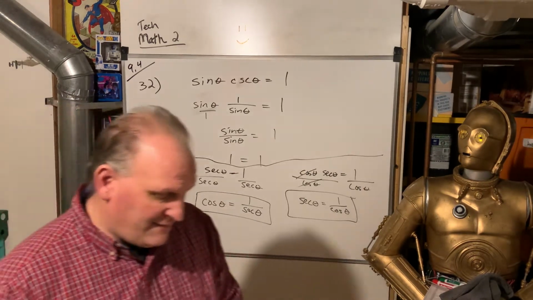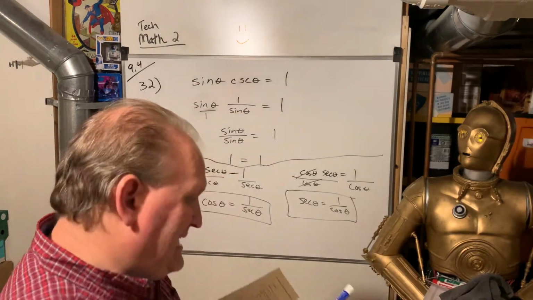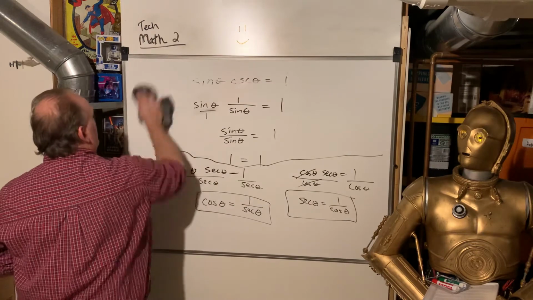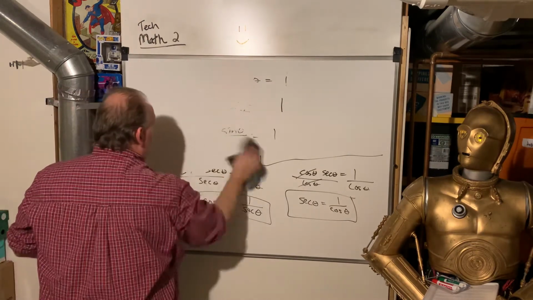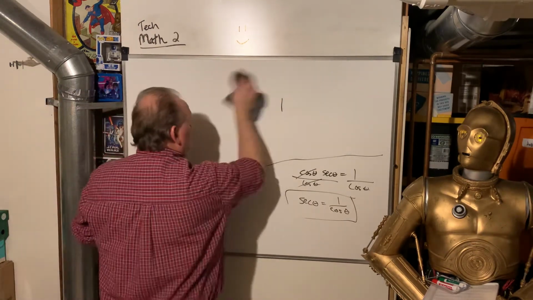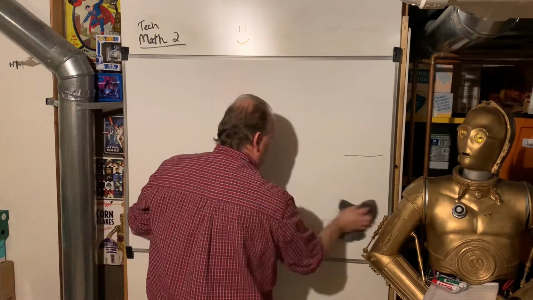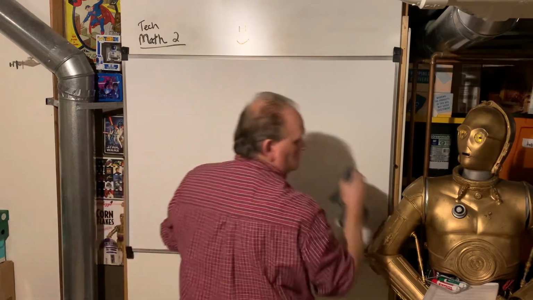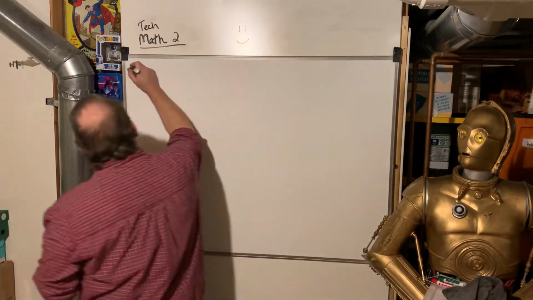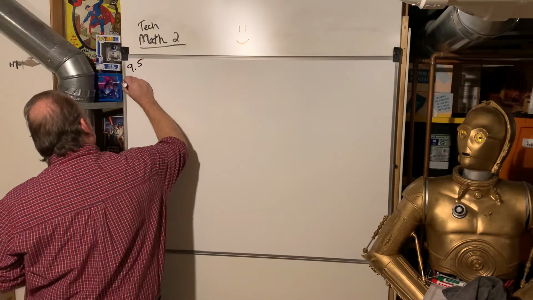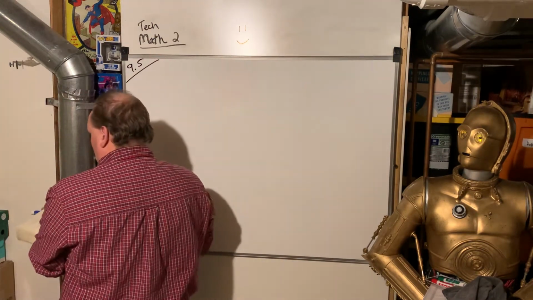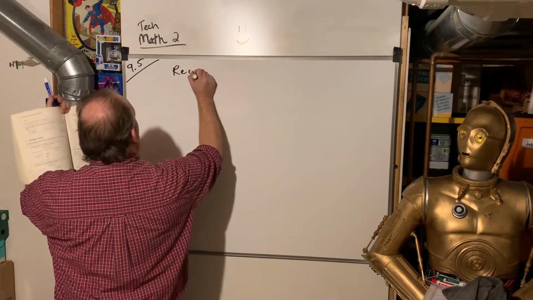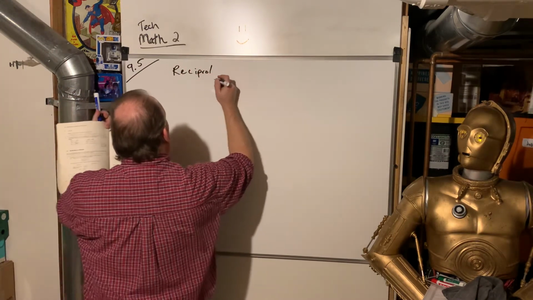So let's go to 9.5, the 8 basic identities. So let's write out our 8 basic identities, okay? For 9.5. We have the reciprocal identities.